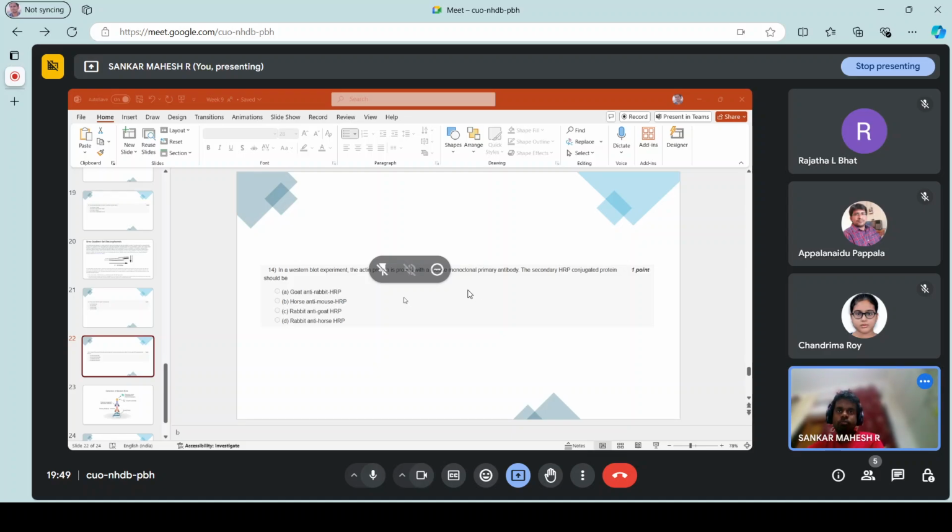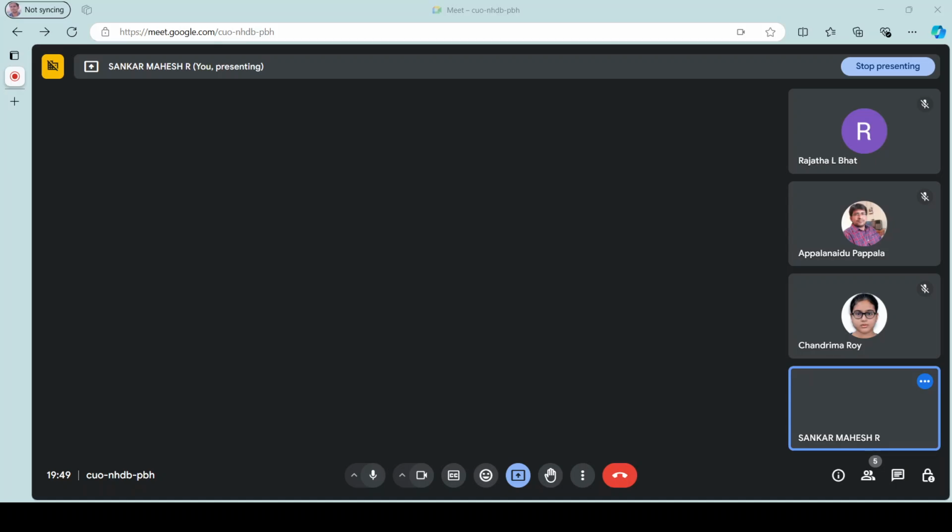If it is raised in mouse, then the secondary antibody should be raised in an organism that is anti-mouse. That is the logic here. Which is why among the four options given here, horse anti-mouse HRP is the right answer. HRP is nothing but horseradish peroxidase, which is an enzyme that is linked to the antibody. And if you give it the right colorimetric substrate, you will be able to visualize your protein. Okay.